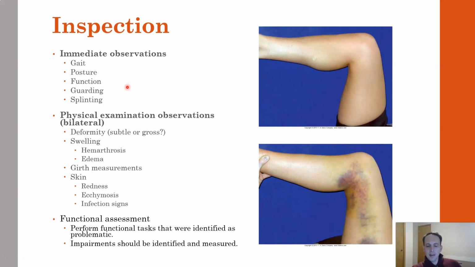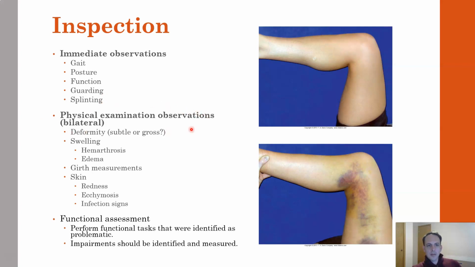Being on site at practice, you might see that they're starting to compensate in their function on the field or playing surface. You might also see guarding, muscle spasm, or splinting, which is simply the body's way of preventing motion.